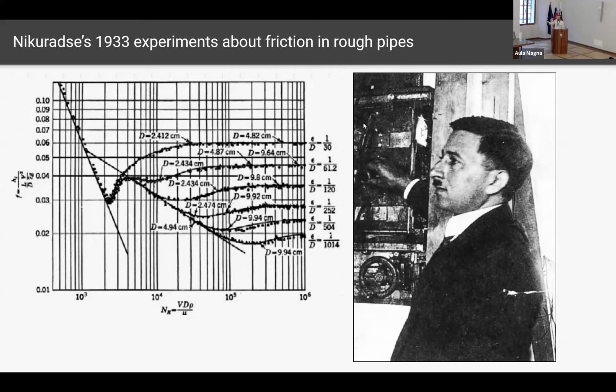And the shape of these curves is somewhat particular. So at small Reynolds, when the velocity of the fluid is small, the friction does not depend on the roughness of the pipe. And this regime is relatively well understood. But then after some point, the roughness starts playing a role, and you get these funky curves here that depend on the roughness, okay?